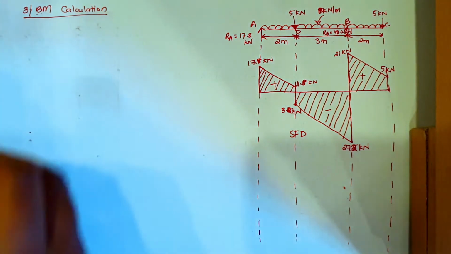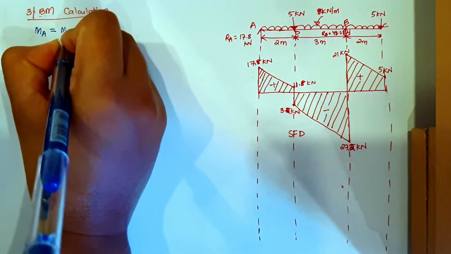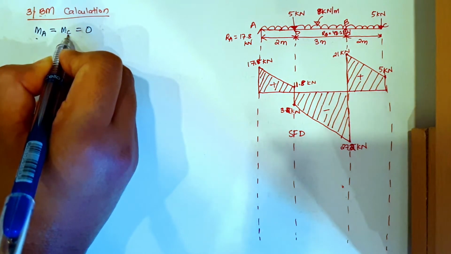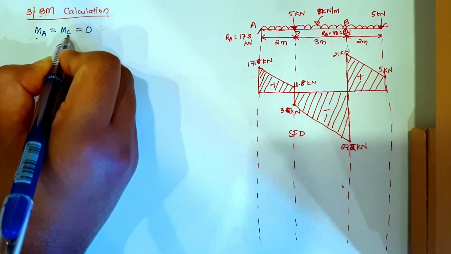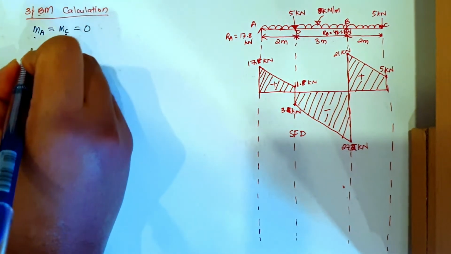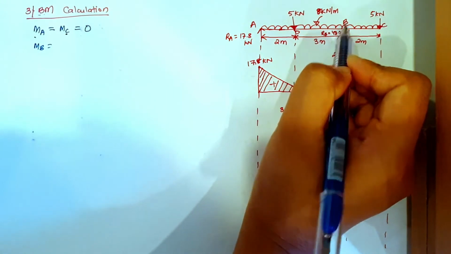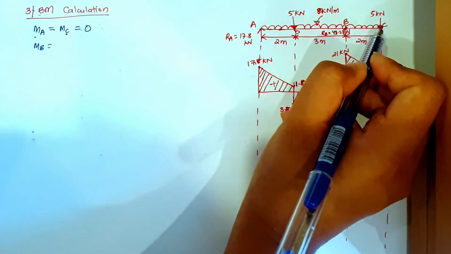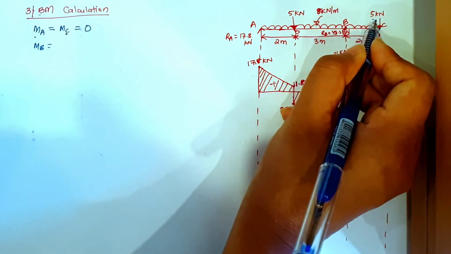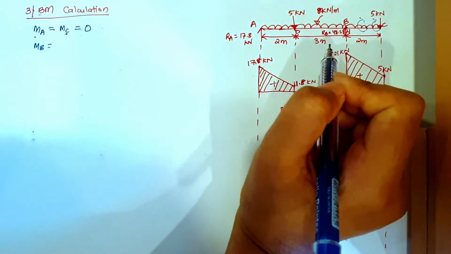So for our overhanging beam, moment at A will be equal to moment at C will be equal to 0. A is simply supported, at C there is no support, so it's a free end here, so it will be equal to 0. Now moment at B, at this point, since B and C is a cantilever, we'll solve it in a cantilever manner. So this load will go in clockwise direction, and this UDL will also go in a clockwise direction.